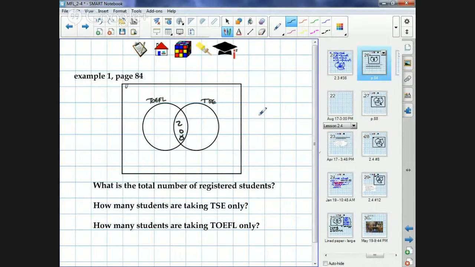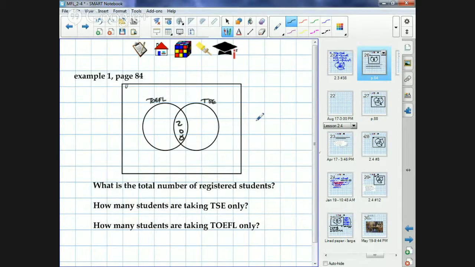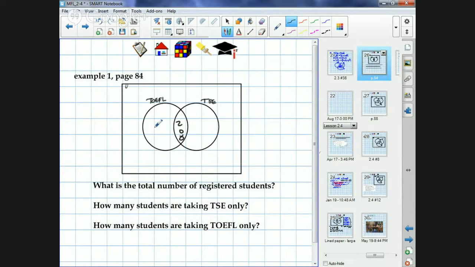How many are registered for TOEFL? 800. So what does that mean I should put over here? Well, in theory, I would think it would be 800. But then, wouldn't there be 1,000 in the TOEFL circle if I put 800 over here?